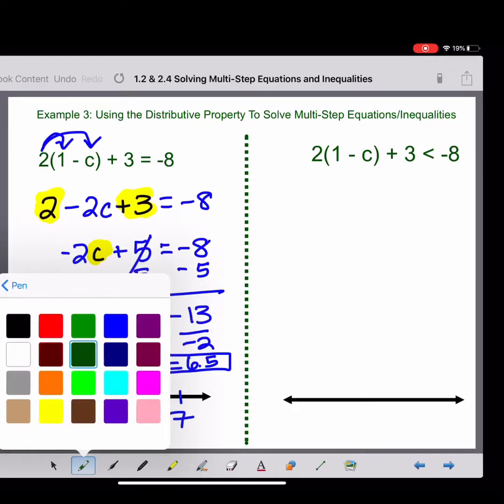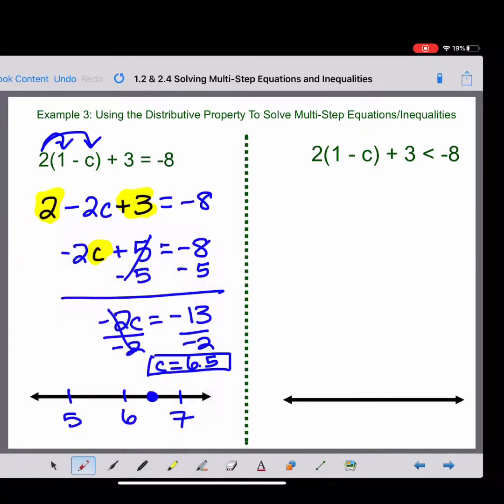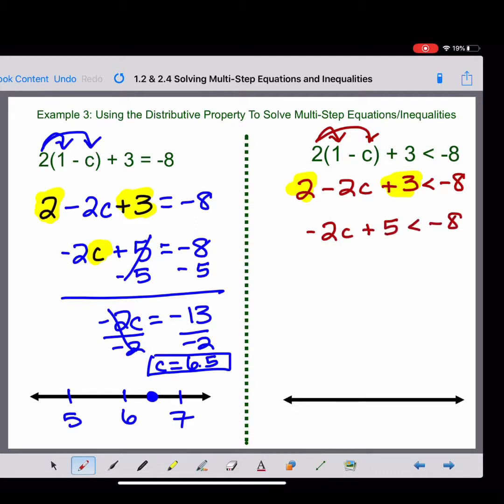So we're going to start with the distributive property, which still gets us 2 minus 2c. Everything else drops down, including the inequality now. We're going to combine like terms, just as we did with the equation. So negative 2c plus 5 is less than negative 8.